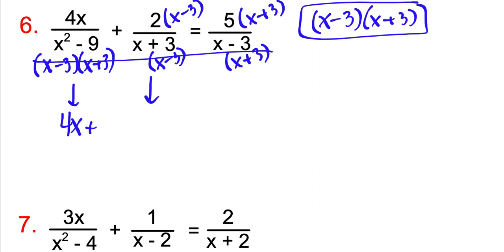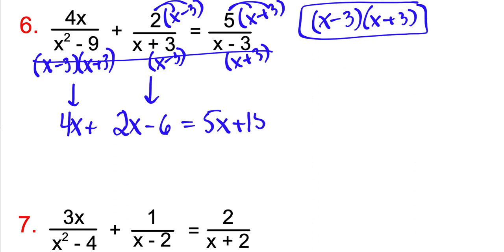And then this one, we're going to have 2x minus 6, because we have to distribute the 2. Okay, and then equals, we distribute the 5, so it'll be 5x plus 15. And then that should be a much simpler question than what it appeared to be in the beginning. And we don't even have to factor on this one because we didn't get any x squareds. So let's just simplify and solve.